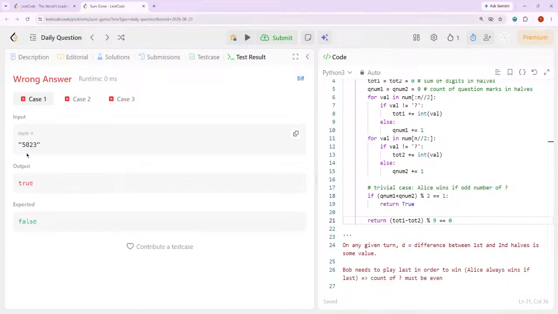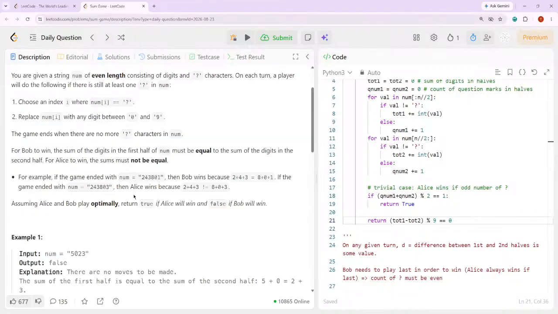Why isn't this true? Or this is false. What? Alice wins if they're uneven. Oh, right. Alice wins if they're uneven. Bob is the one that wants to make it even.